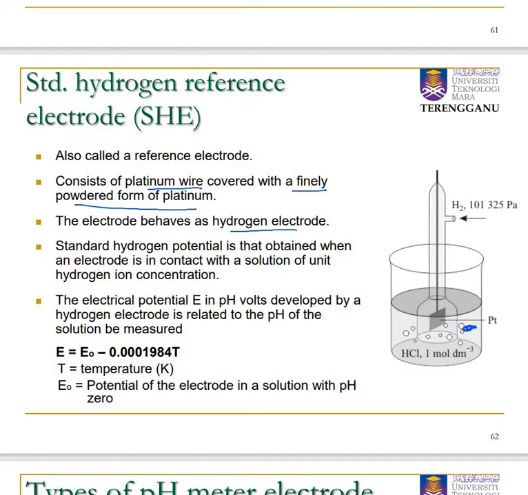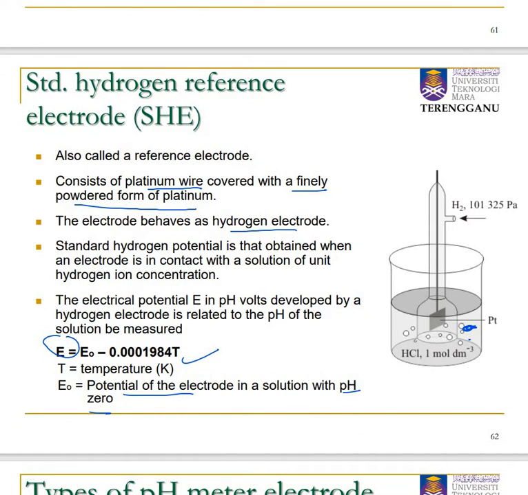To calculate the electrical potential of this SHE, we can use this formula. E0 is the potential of the electrode in a solution at pH 0. So you need to find the potential of the electrode at pH 0 first, and then you can calculate the electrical potential.